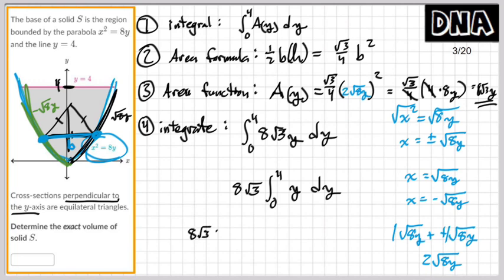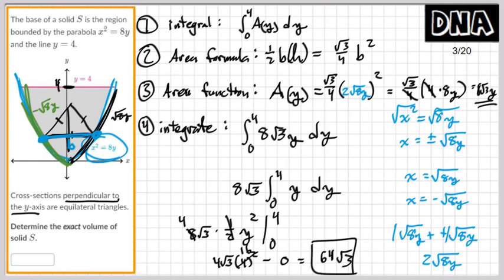It is 1/2 y squared. I'm going to plug in 4, and I'm going to plug in 0. What is half of 8? 4. Okay, let's plug in that 4. So we have 4 root 3 times 4 squared. And if we plug in the 0, we would get 0, because 0 squared is 0. And so my final answer is going to be 16 times 4, which is 64 square root of 3.